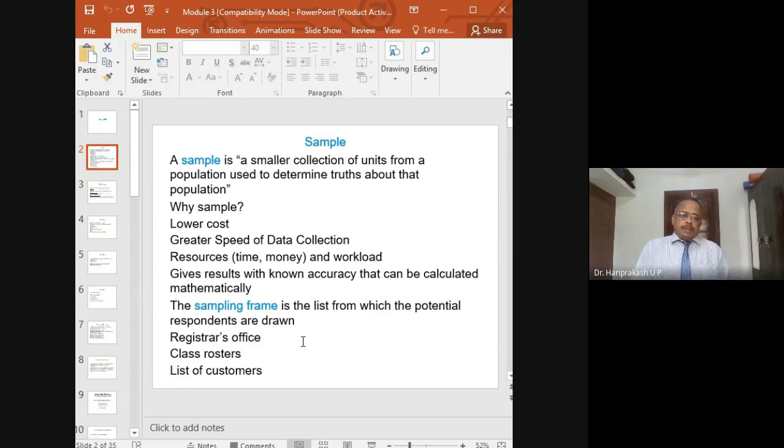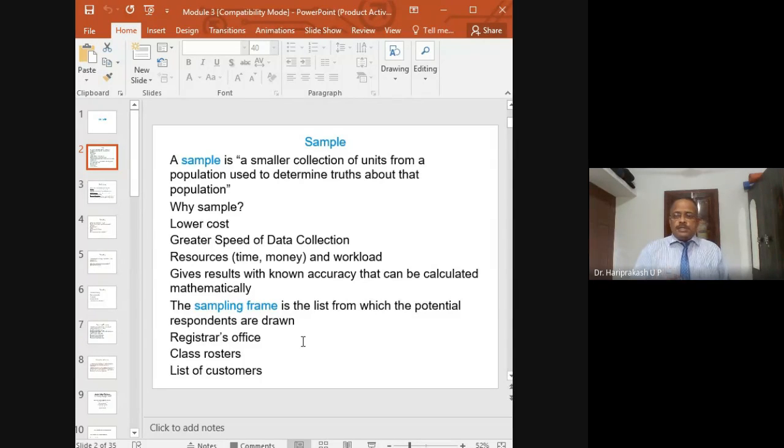So here population refers to the total number of units with respect to a particular research or study. It does not refer to the population of the region or a country. Okay, that is what we normally use.